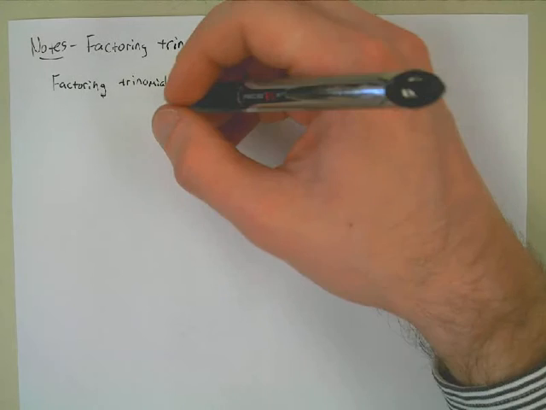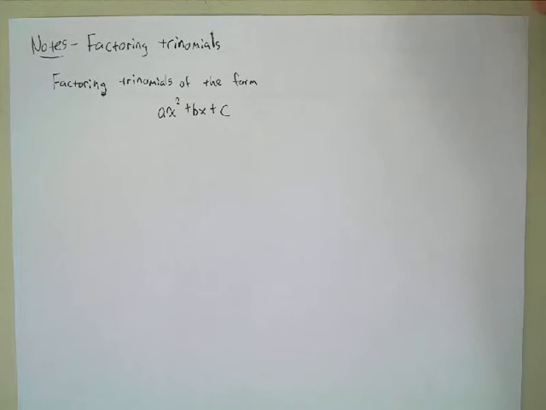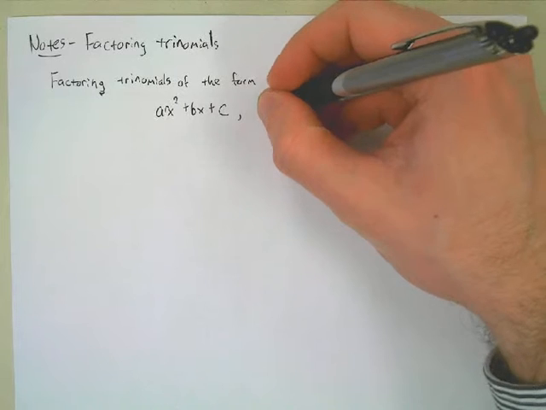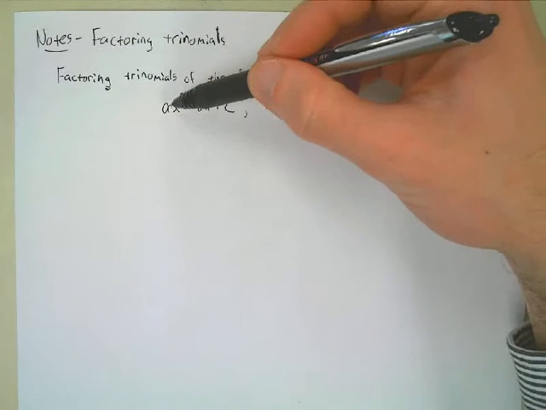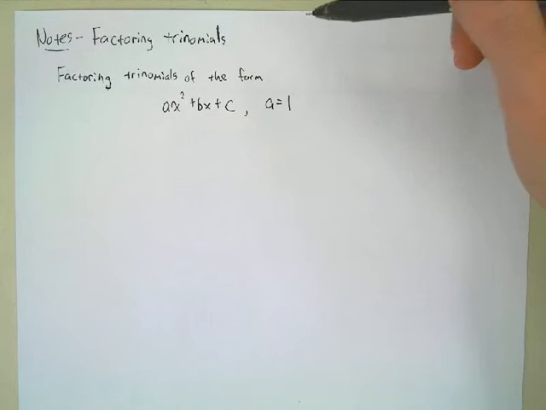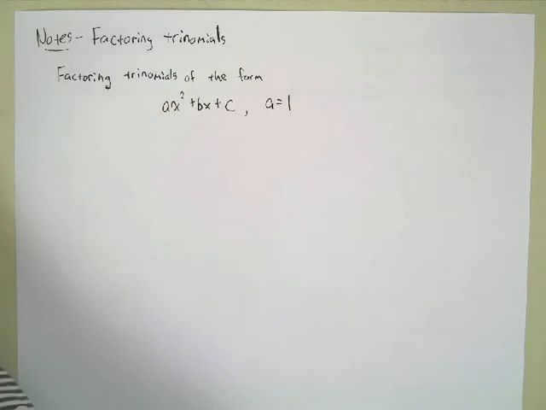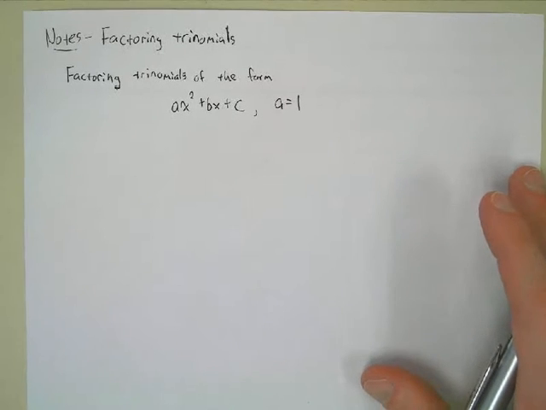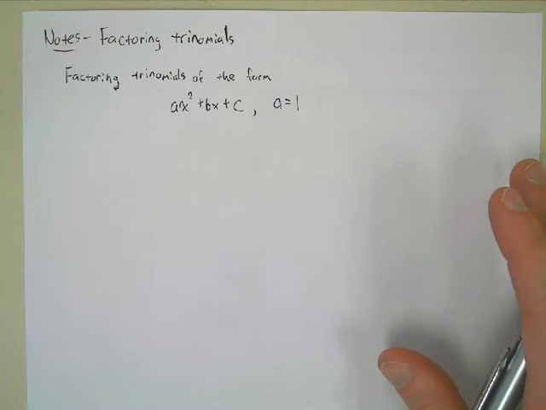Actually, I'm going to put an a. Ax squared plus bx plus c, but we're going to look specifically when a is equal to 1. So that's when the lead coefficient here in front of the x squared is a positive 1. Later in class, we'll look at factoring when a is not 1, when it's like a 2 or a 3 or a 4, something like that. Okay, it makes things a little bit trickier. We're going to start with a more basic example right here of 1.